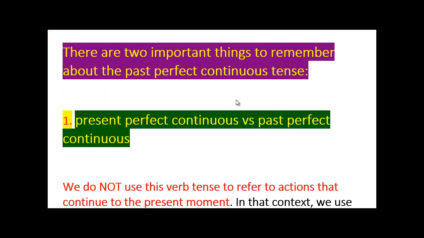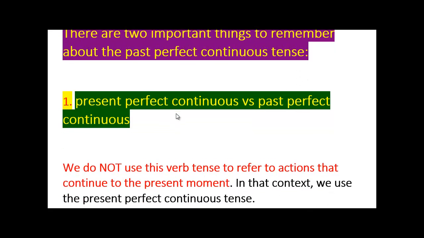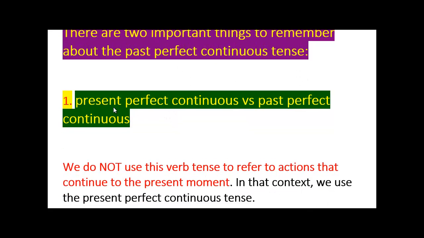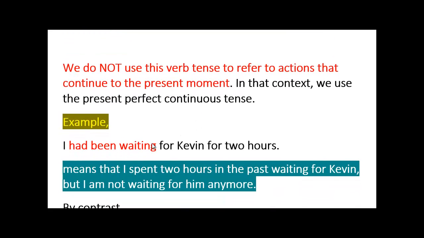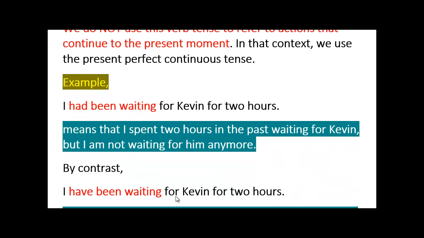There are two important things to remember about the past perfect continuous tense. The first thing is a comparison between the present perfect continuous and the past perfect continuous. You could say, I have been waiting for Kevin for 2 hours. That's present perfect continuous. The past perfect continuous: I had been waiting for Kevin for 2 hours.